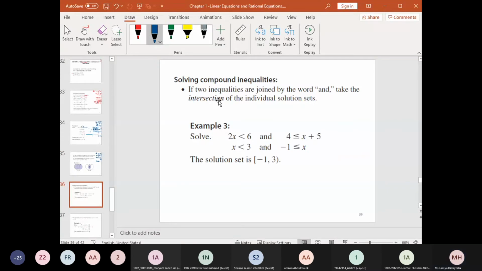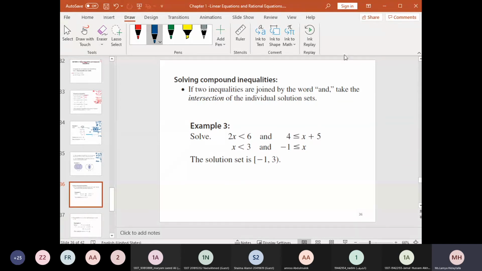Now if I have two inequalities joined by the word "and", that means intersection: I need a solution, elements that are in here and also there. That is the intersection, the meaning of "and". For example, solve 2x less than 6 and x plus 5 greater than or equal to 4.